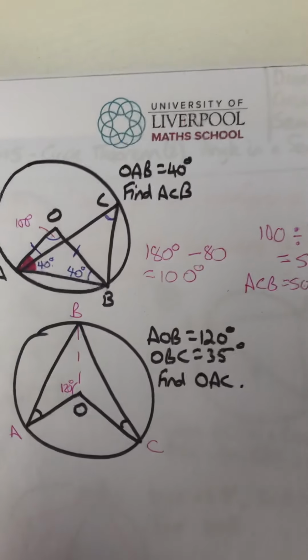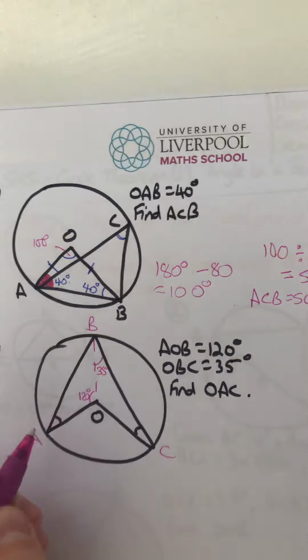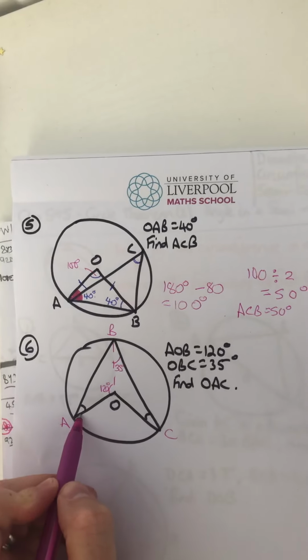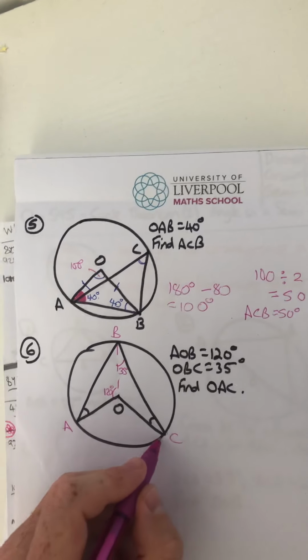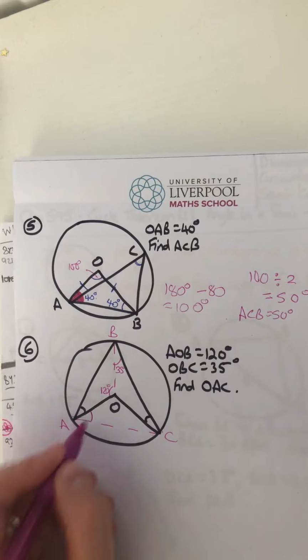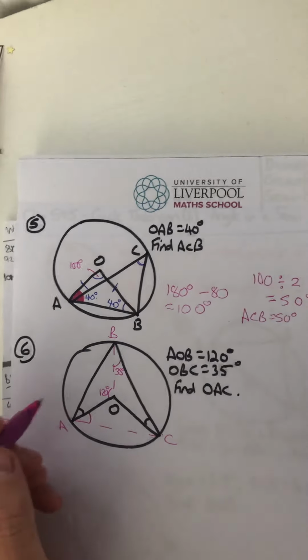OBC is 35. OBC, that one is 35 degrees. And it wants you to find out what OAC is. So OAC, I've got to find out what this one is. So let's have a look.